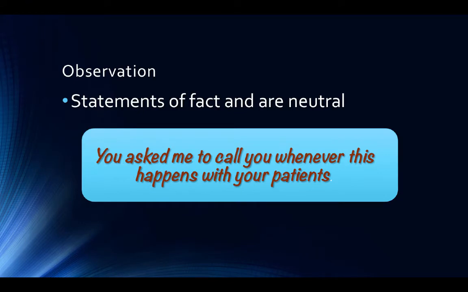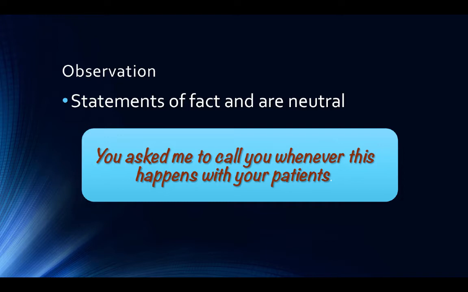Observations. These are statements of fact. They're neutral. "You asked me to call you whenever this happens with your patients." Observation. This is something I heard. Observations are typically things that we can see with our own eyes or hear. In some way, we have sensed them with one of our five senses.